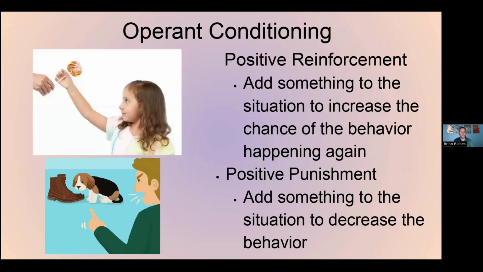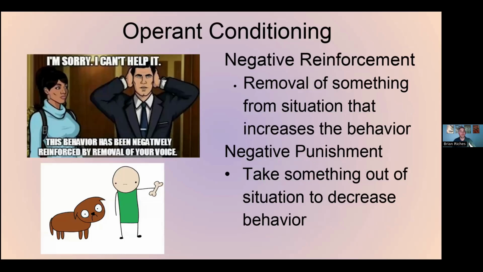All right, so positive reinforcement, you add something like a candy to a situation. It's to increase the chances of the behavior. Positive punishment, you yell at the dog, you're adding the yell, hoping to decrease the chance of the behavior. Negative reinforcement, you remove something from the situation, and that increases the likelihood of the behavior. So you ask someone to please stop the loud sound, they stop the loud sound.